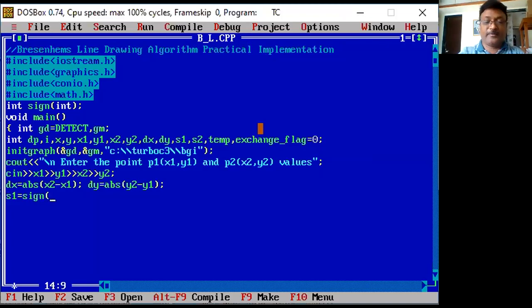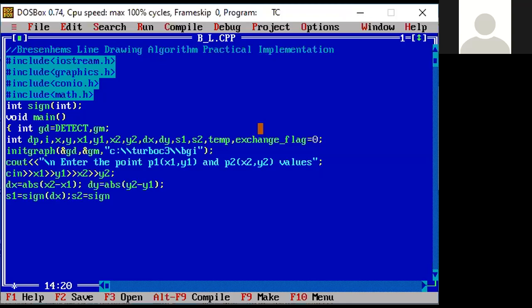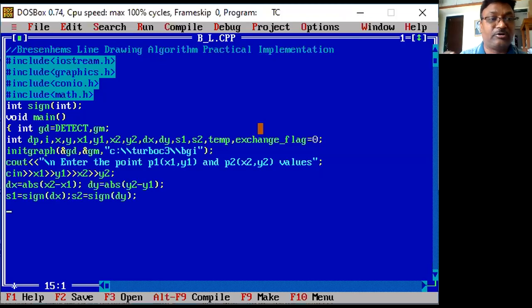That is my function sign, which takes your dx value, and s2 I have put as sign of dy. This indicates whether I am going to increase the line in x direction or the y direction. This s1 and s2 return value indicates like this. So x is equal to x1 and y is equal to y1. So this is my initial point of the line.